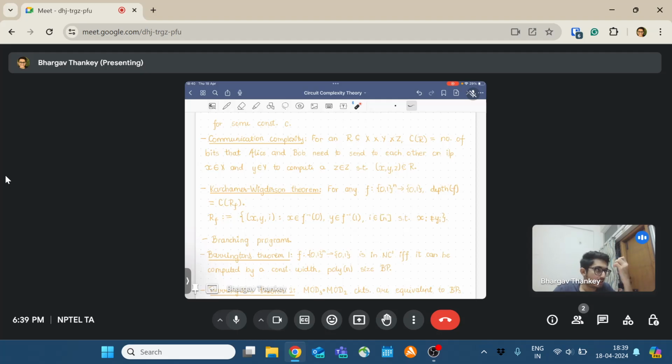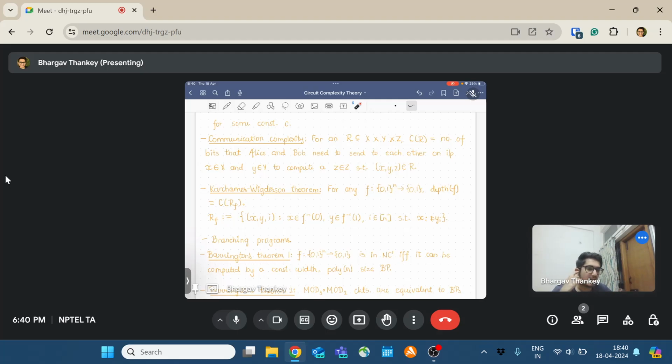From every node, you have two outgoing edges, one labeled xi equals 0, one labeled xi equals 1, or just labeled 0 and 1 because the node is already labeled. And there is a designated source vertex, and every path goes from source to sink.